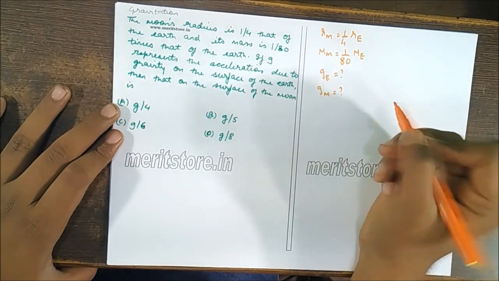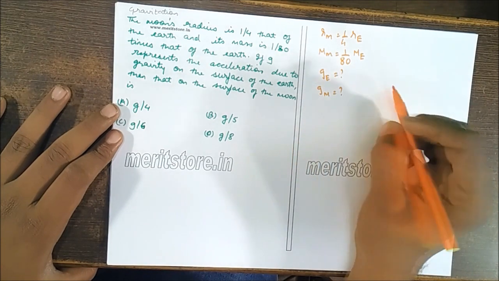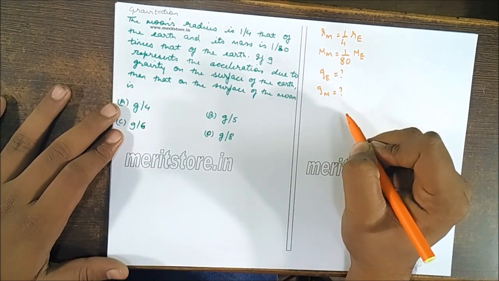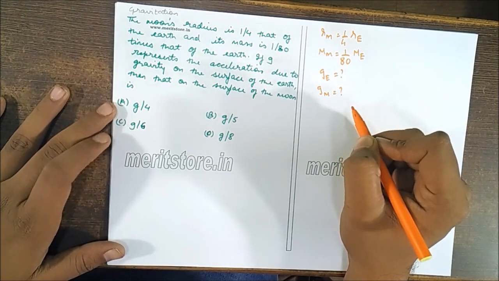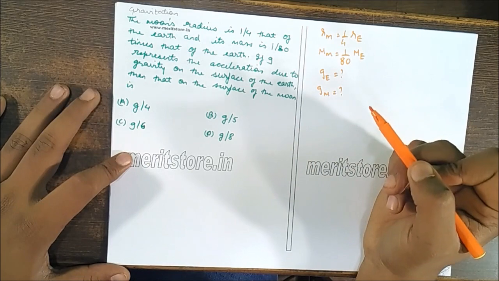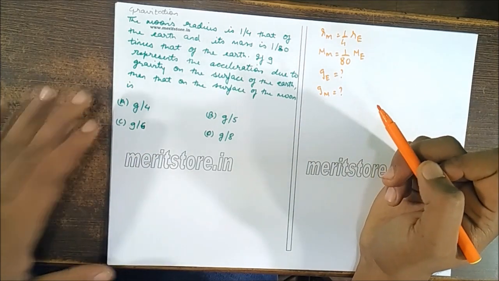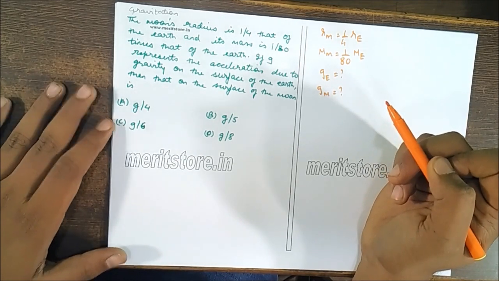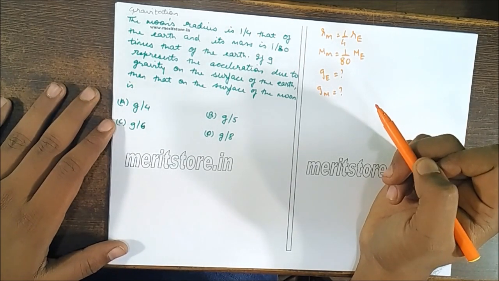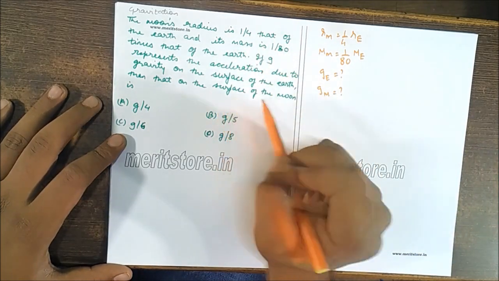Now what we basically do, we have a concept in our mind that the acceleration due to gravity on the moon is 1/6 of that of earth. So irrespective of the data, we can straight away mark g by 6. So let us solve and see if g by 6 is the correct answer over here, or we cannot assume it to be g by 6 if some data is being given.